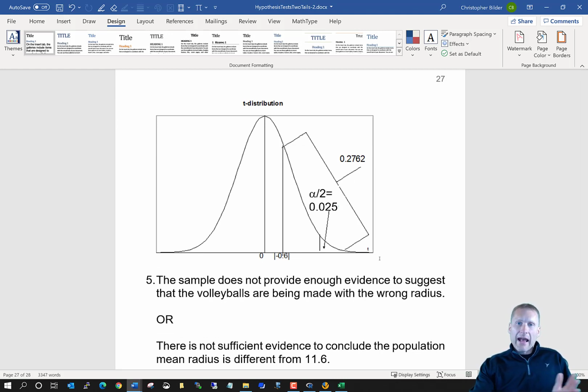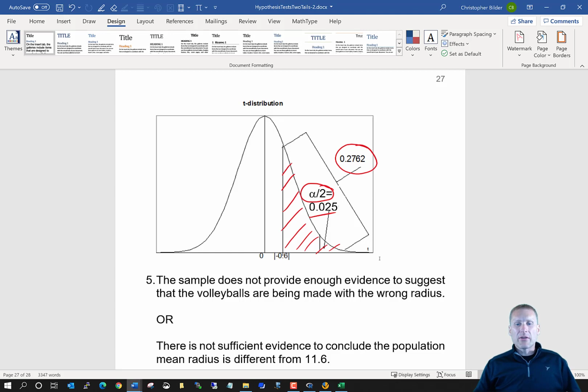We are comparing how far out this observed test statistic is relative to the distribution. And to do that, we could find the area to the right of this value. That area is 0.2762. And if we wanted to, we could have actually just compared to alpha divided by 2, 0.025, and had exactly the same conclusion.